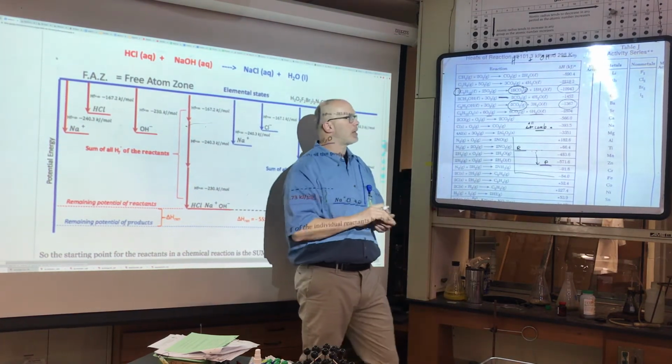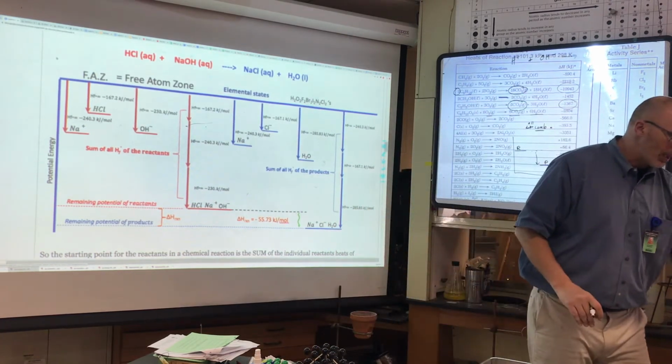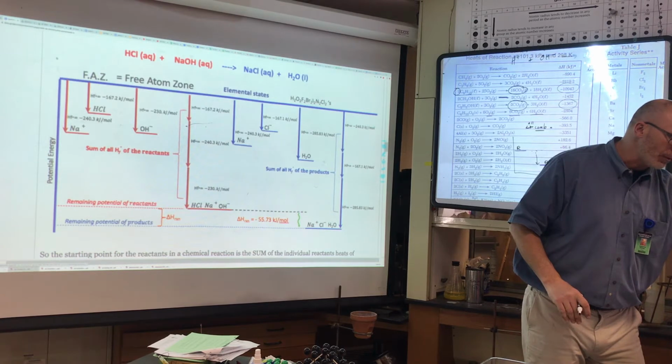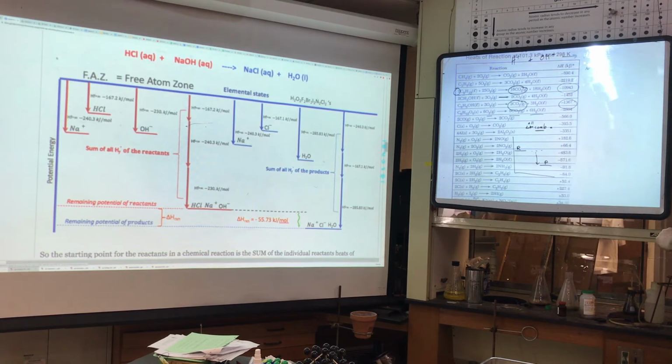So understand that delta H's, my friends, are nothing more than converting factors as well. You can't lose sight that it's also a converting factor.